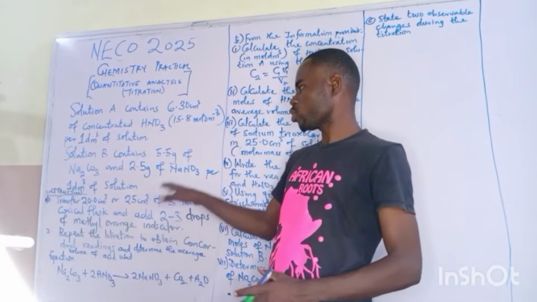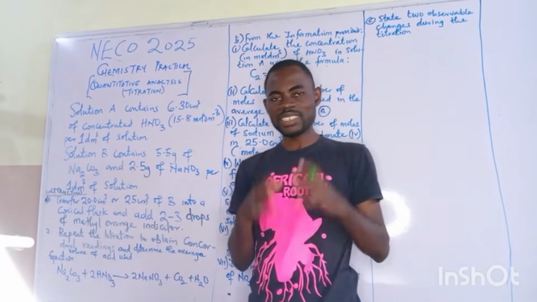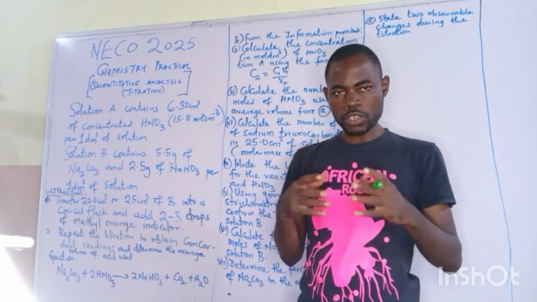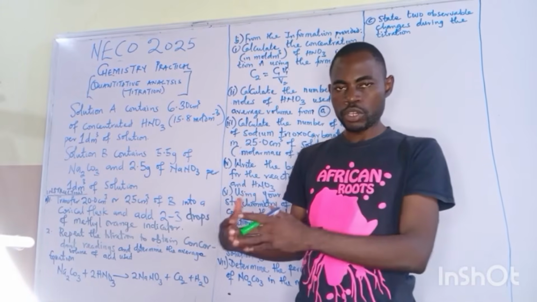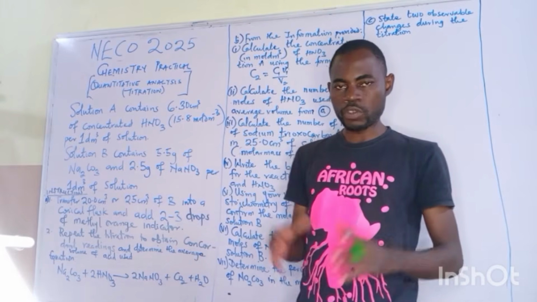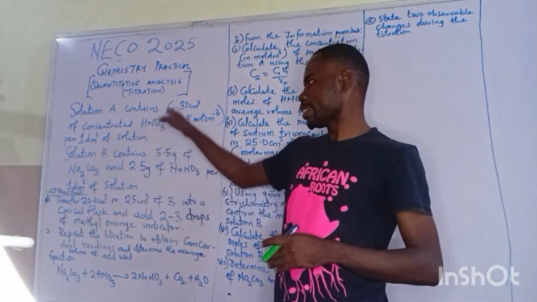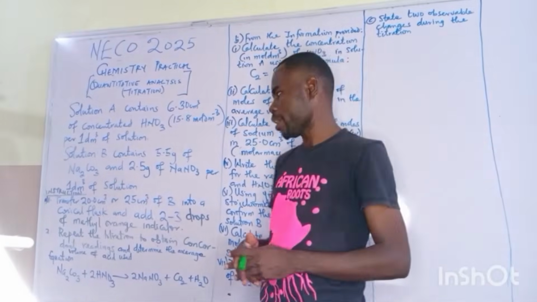If we check solution B very well, we can see that it is a mixture of two compounds. Definitely we may want to talk about purity or impurity there, because we are combining two compounds to make a particular solution against the acid, solution A.